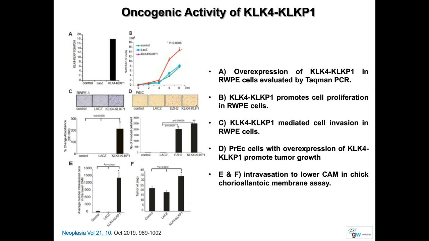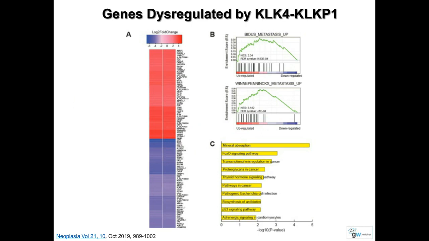We also did the chicken chorioallantoic membrane assay to show whether the tumor has any potential for metastasis, which clearly shows that there is an intravasation to the lower CAM in the chorioallantoic membrane as well. And we looked at the gene expression analysis of the RNA isolated from the cells transfected with this fusion. We found differential expression of genes associated with cancer metastasis, which shows the importance of this fusion gene in developing prostate cancer metastasis.